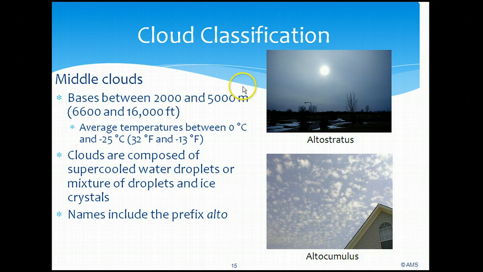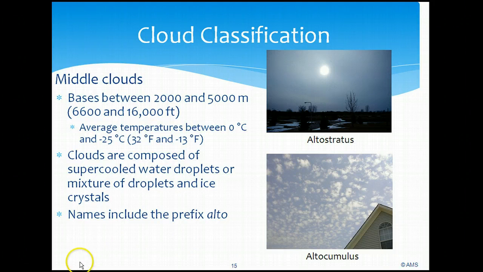Middle clouds tend to be lower, they tend to be warmer, and they can be composed of supercooled water droplets or a mixture of droplets and ice crystals also. The names include the prefix alto, and altostratus and altocumulus are two relatively common cloud types you will associate with these middle clouds.